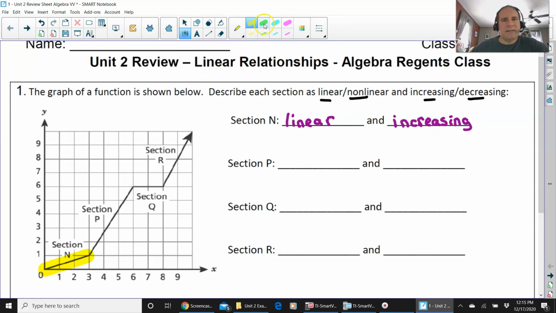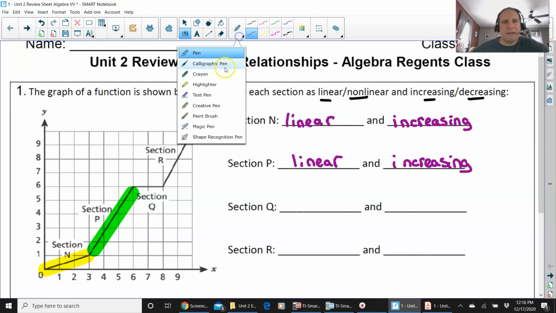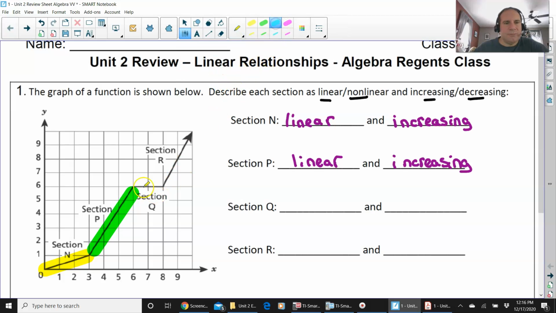Going on to the next section, section P, is this section right here. That is also linear and increasing. And section Q, right here, is also linear, but it's not increasing or decreasing.